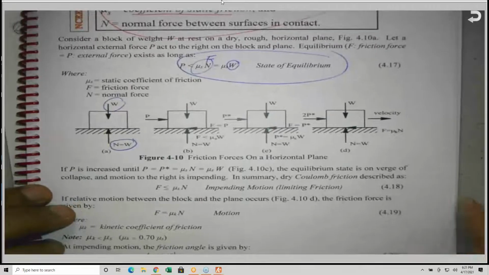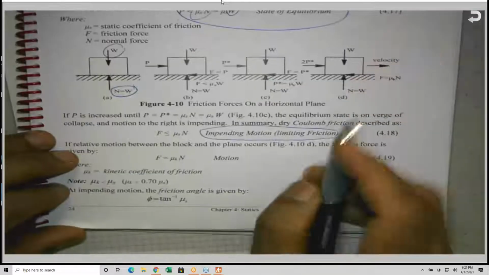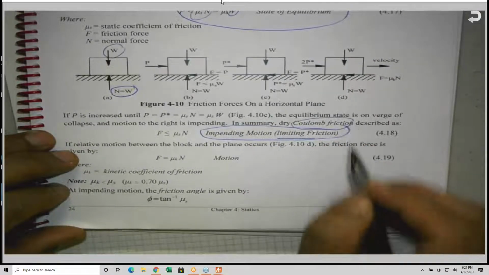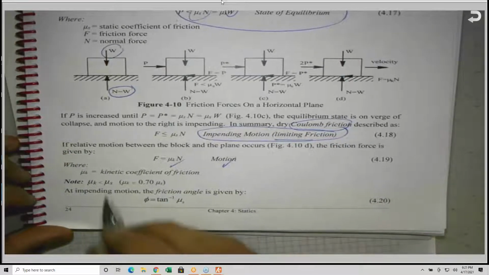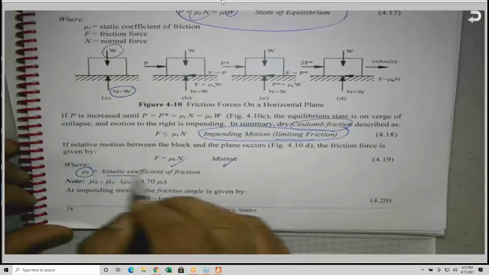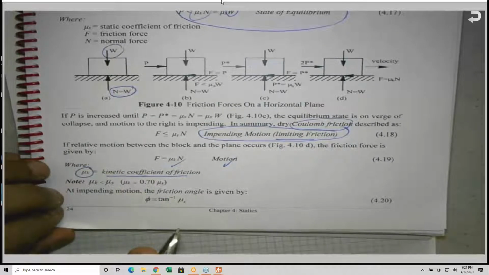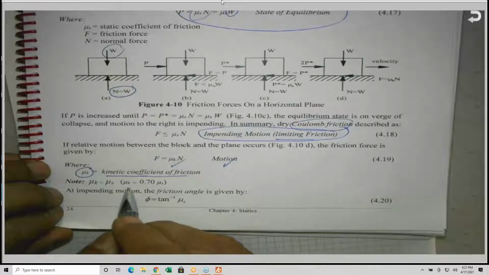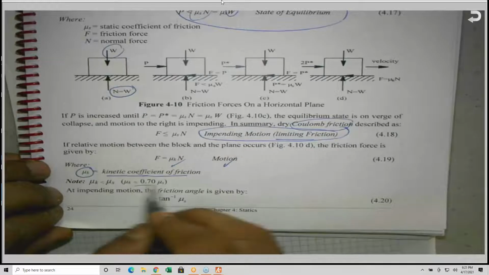We have something called impending motion, which is about to happen. They call it limiting friction, based on Coulomb friction and the motion. And I mentioned mu sub k, by the way, which is called the kinetic coefficient of friction. Mu sub k is much smaller, about 70% of mu sub s.